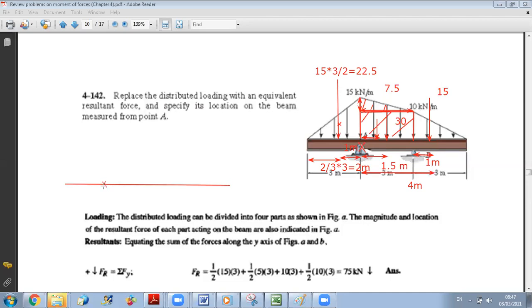So what you did is that you simplified your system. You reduced it into several concentrated forces. The first one is at left of A, and the distance from A is, as we have seen together, 1 meter. So here you have 1 meter from A, and the value of your force is 22.5.